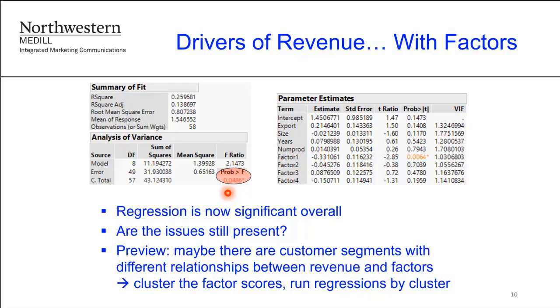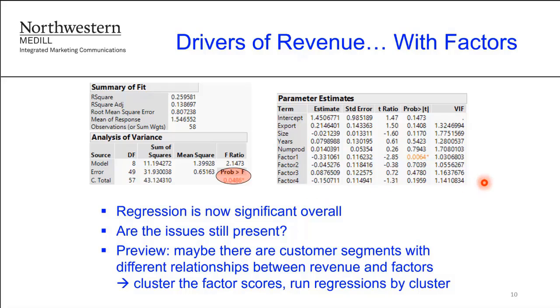So this is what we can get from the regression model with the factors. The multicollinearity issue is gone and the model is significant. So we got a better result with these factors. This is why we are using factor analysis.